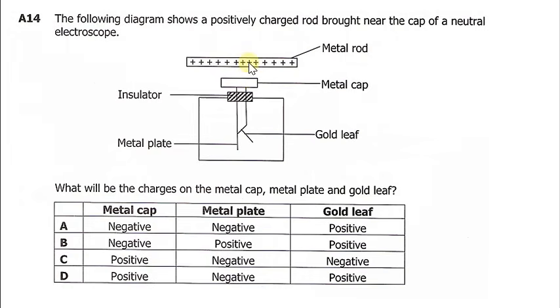So if this is positive, it has to attract the negative charges. The negative charges, which are the electrons, will be attracted here, such that this part will be negative, and these here will remain positive. So the metal cap should be negative, then the metal plate should be positive, and the gold leaf should also be positive. So the best answer should be B there.